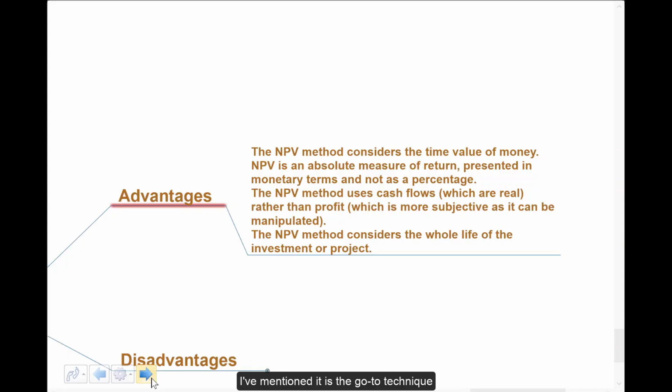Okay, now in terms of the advantages and disadvantages of NPV, as I've mentioned, it is the go-to technique, certainly within the ACCA qualification and certainly within practice. It considers the time value of money. That's a big, big plus. Outside of that, because it provides an absolute measure of return, in other words, it gives you a value, it's very, very useful because we can compare projects of different sizes. In addition to that, we certainly wouldn't want to be using an investment appraisal method that focuses purely on profit, because we know from our studies that profit can be manipulated.